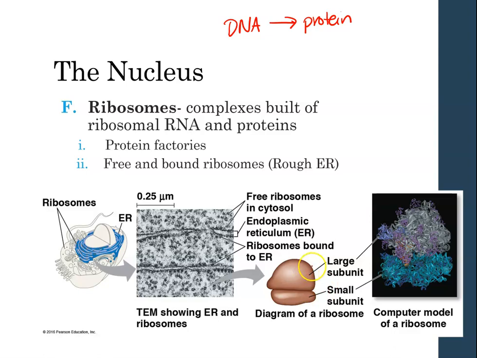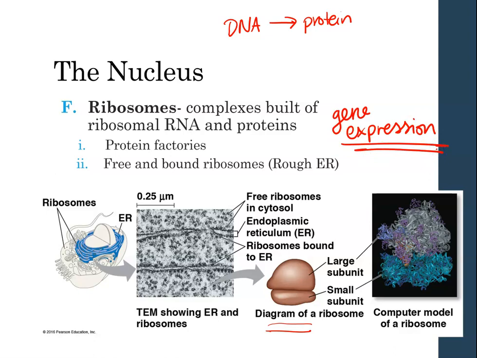There is a cartoon picture of a ribosome down here at the bottom. We will talk more about the structure and actual function of ribosomes when we get to chapter 14. But for now, you can just think of them as protein factories. They put together our proteins using the information that is stored within our DNA. So ribosomes are critical in the process of gene expression.